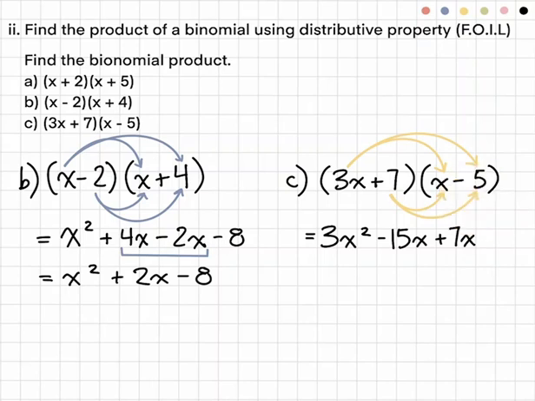Okay, so positive 7 times negative 5 is going to give us negative 35. Perfect. I see that I've got like terms here, so we're going to simplify, and I'm going to get 3x squared, so negative 15 plus 7 is negative 8, and then x minus 35.